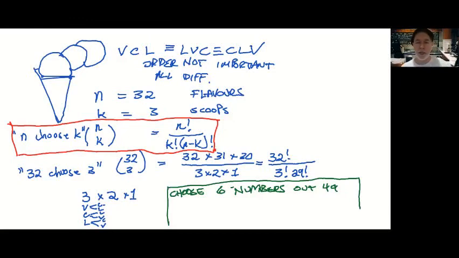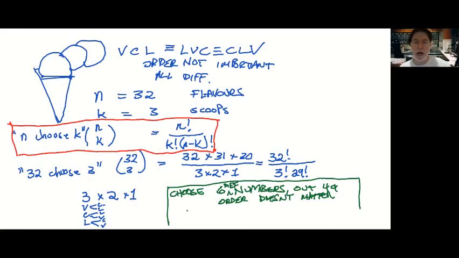So the question is, order doesn't matter, and they're different numbers. 6 different numbers.